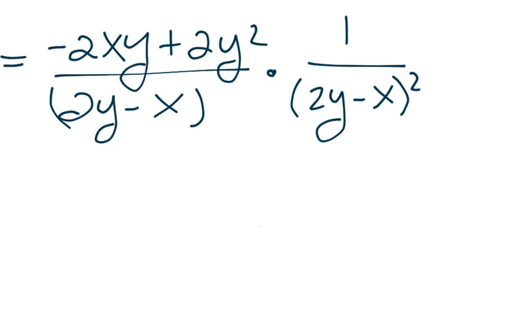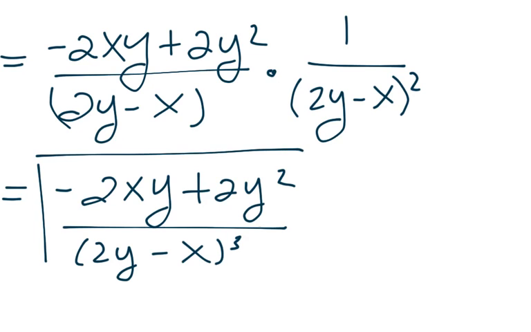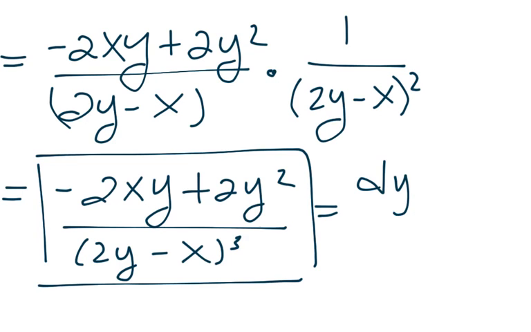So you multiply directly across and you get negative 2xy plus 2y squared over (2y minus x) to the third. And that's the final answer. It's the second derivative. That's your final answer. Thank you.